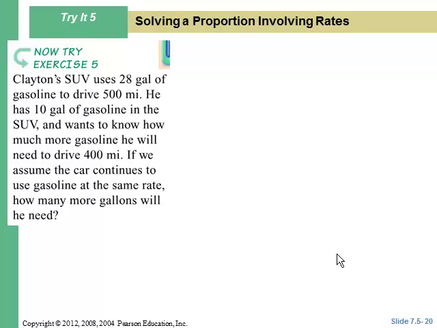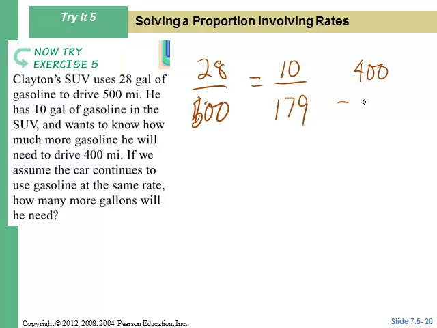Clayton's SUV uses 28 gallons to drive 500 miles. He has 10 gallons of gas in the SUV, so 10 times 500 divided by 28, he can go 179 more miles. He will need to drive 400 miles, so 400 minus 179.